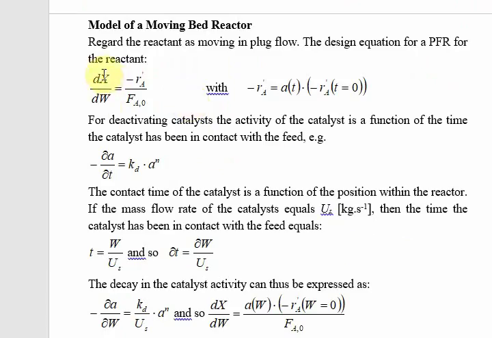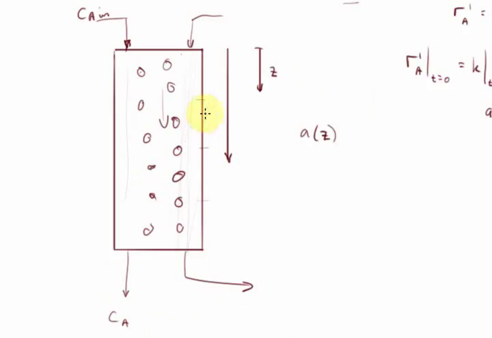So we can say X is changing with the catalyst mass, and it will change according to the reaction rate, where that reaction rate is equal to the rate we get right at the top multiplied with the activity at that specific point. So for a given position, we can say it's a Z position or it's a W position. We can also say it's a time position.